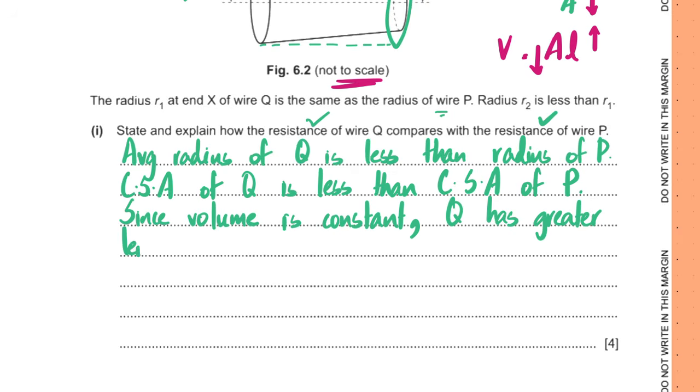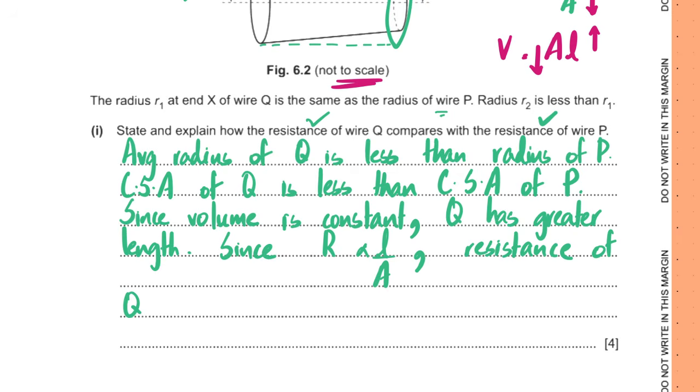And then I'll refer to the equation that I used above, that since R is proportional to L over A, the resistance of Q is more than the resistance for P.